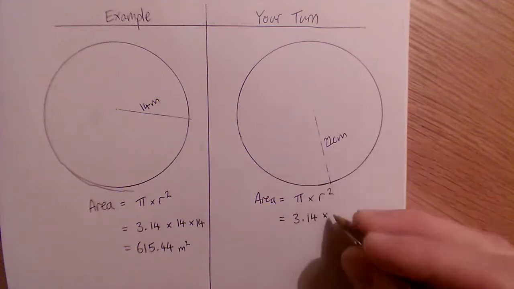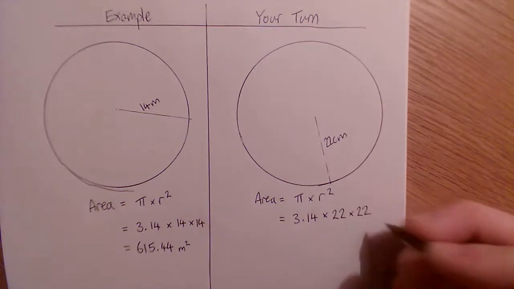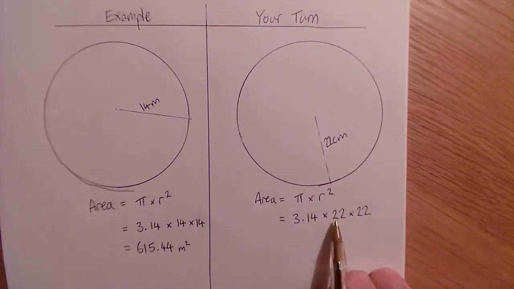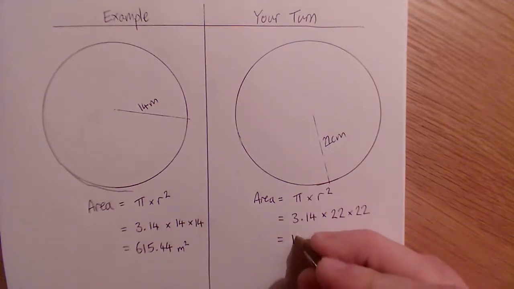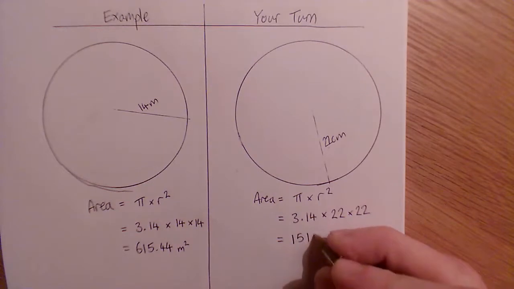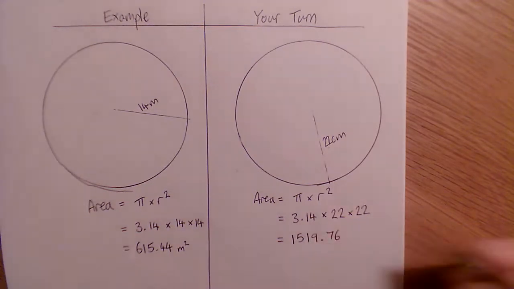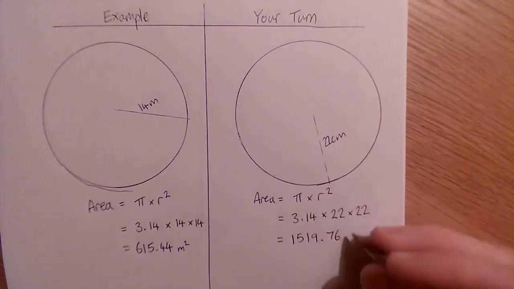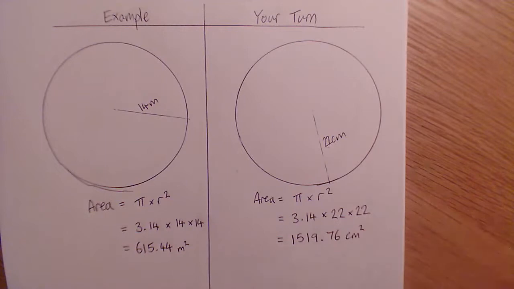Our radius is 22, so we're doing 22 times 22 because we're squaring it, and squaring it means timesing it by itself. And then you can put that in the calculator. If you do that, you should get 1,519.76. If you're really on it, you'll have noticed that was in centimeters squared for an area.